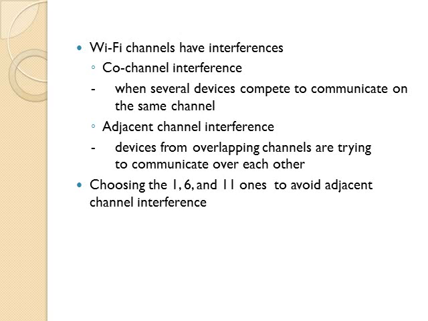Adjacent channel interference is the other interference type, which occurs when devices on overlapping channels are trying to talk over each other. Therefore, when selecting Wi-Fi channels to set up the wireless LAN, it is advised to select non-overlapping channels, such as 1, 6 and 11, to avoid adjacent channel interference.